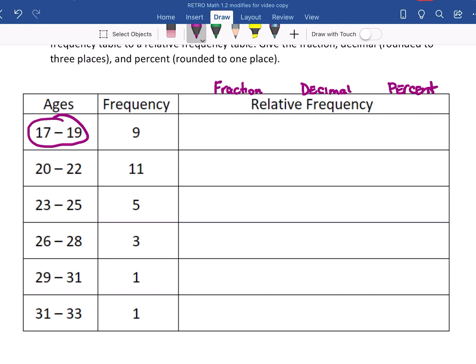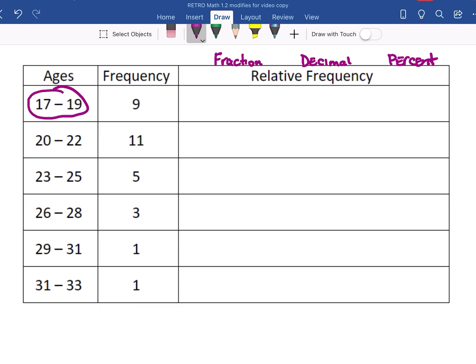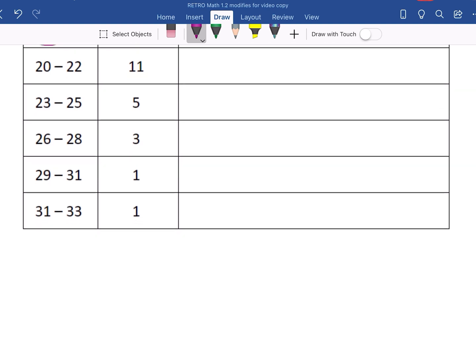Okay, the first thing we've got to do is figure out how many people were in the class. So N would be our sample size. That's the number of people that were in the stats class where we checked the ages. And the number of people is equal to the sum of the frequencies. That's an uppercase sigma, which means add them all up.